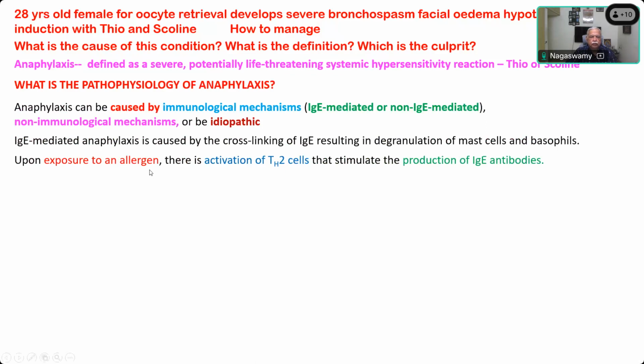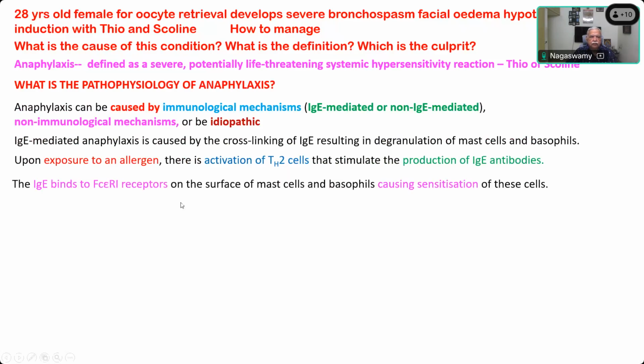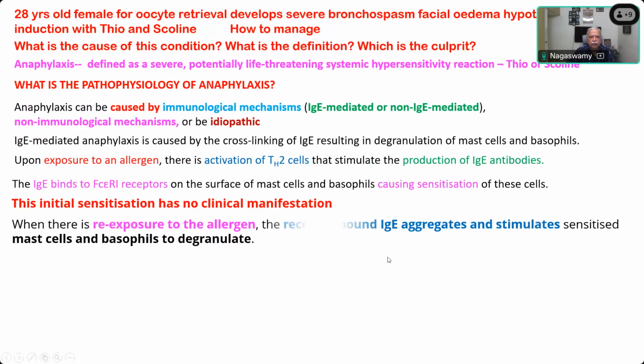And exposure to the allergen activates the T helper cells and the production of IgE antibodies. The IgE binds to the Fc-epsilon receptors on the mast cells and basophils, causing sensitization of these cells. So the initial sensitization has no clinical manifestation in the immunologically mediated anaphylaxis.